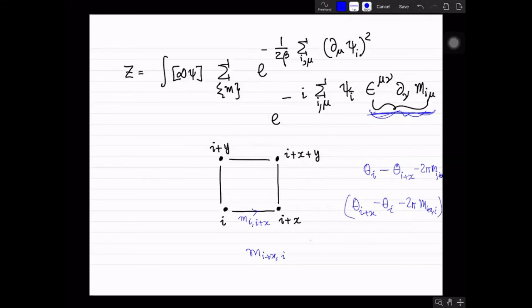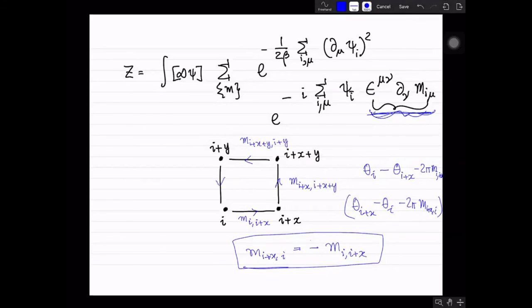The only way to reconcile these two is that M i plus x, i is equal to minus M i, i plus x. In other words, they are directed, so the one that is opposite to this is the minus of it. Similarly, I have M i plus x, i plus x plus y. This is M i plus x plus y, i plus y. Then this is M i plus y, i.